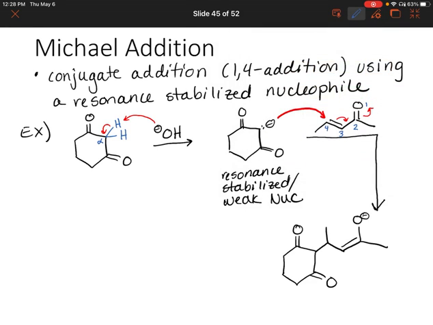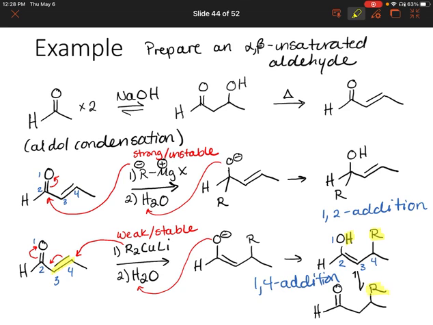So let's number our carbons again here. So we've got our atoms, 1, 2, 3, 4. So the new bond that we formed is right here in yellow. Okay. Now, looking back at our reaction using the Gilman reagent on the bottom, we saw that we end up with 1,4 addition, but we also see tautomerization to a ketone, which will kind of look like 1,2 addition.